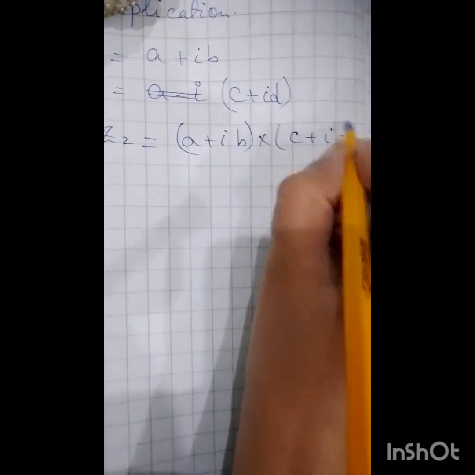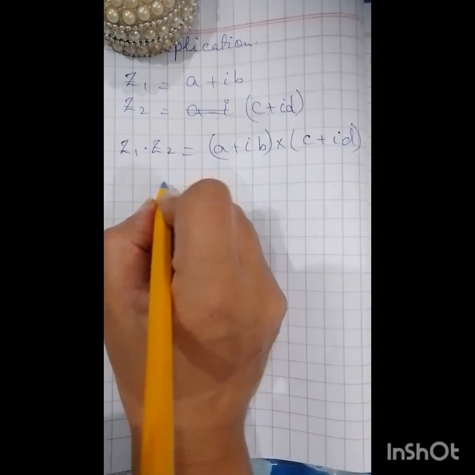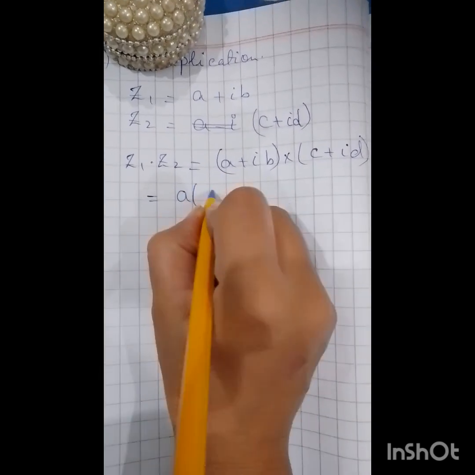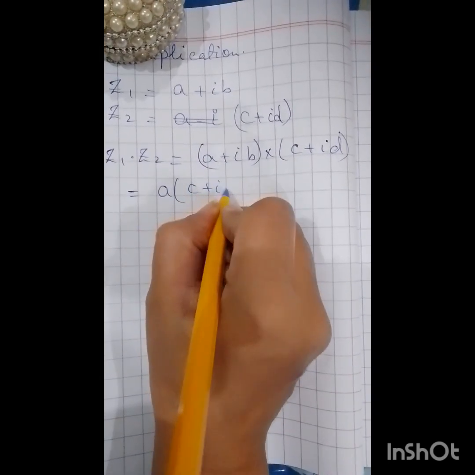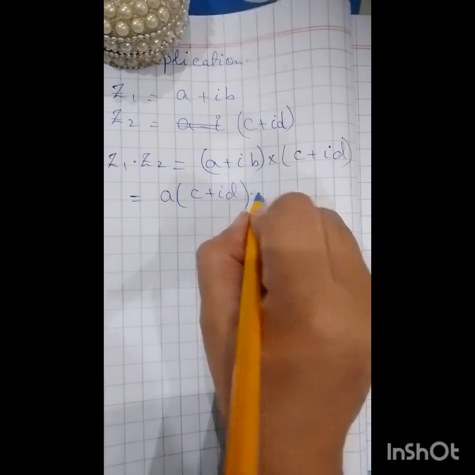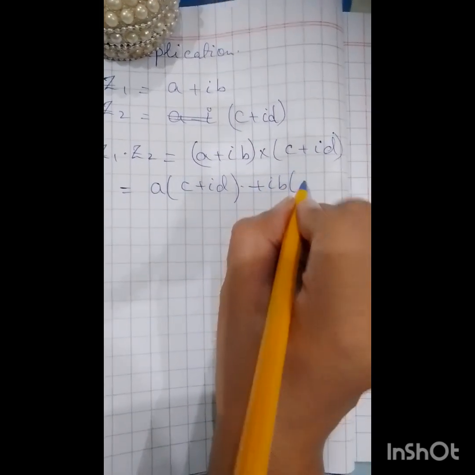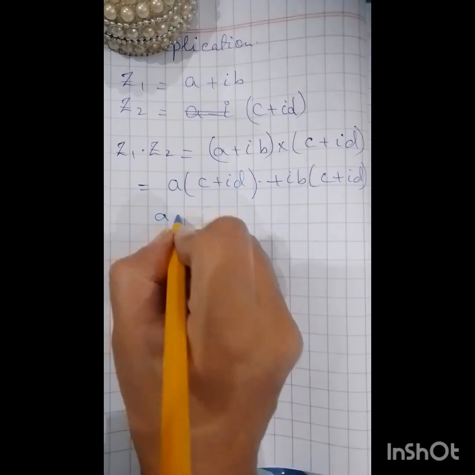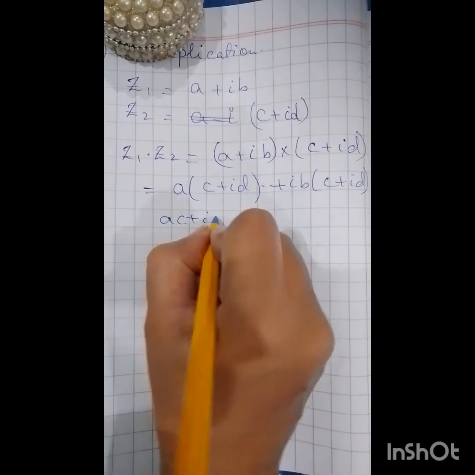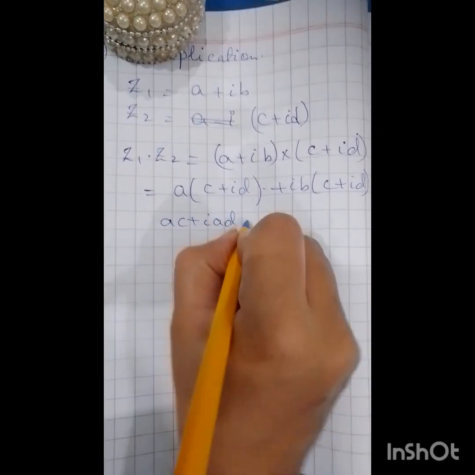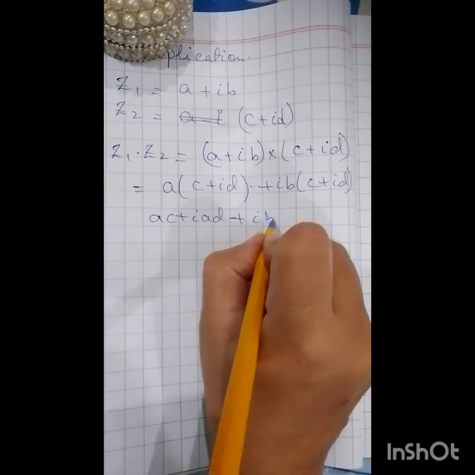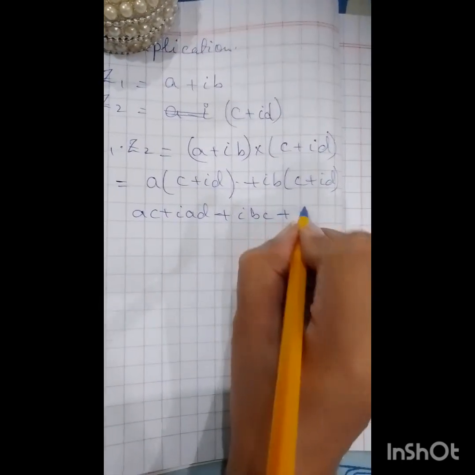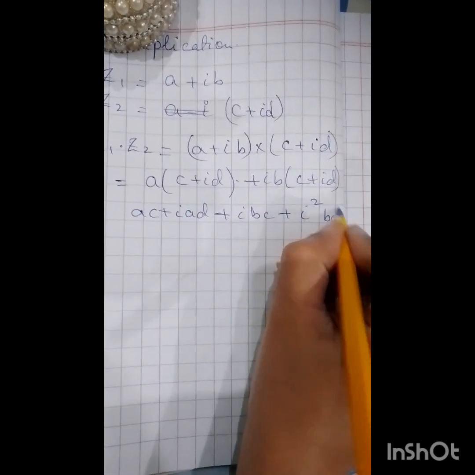Writing it in the form of a product: first variable with the whole bracket, then the second variable with the whole bracket. Multiplying it: ac plus iota ad plus iota bc plus iota square bd. You may know that very well.